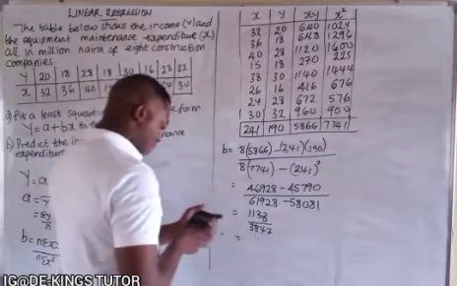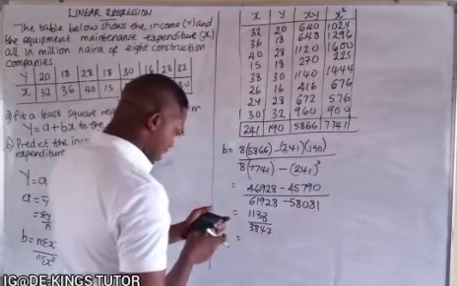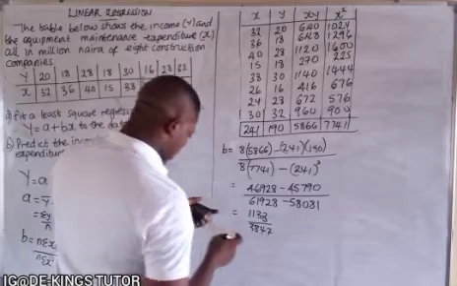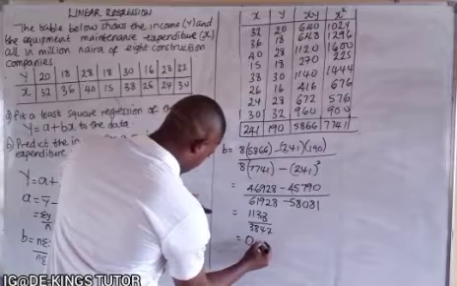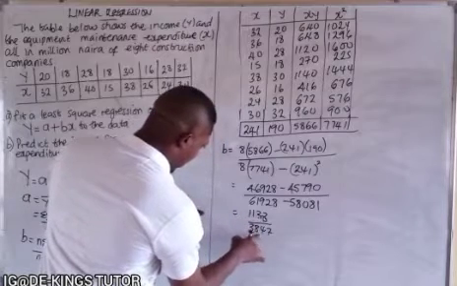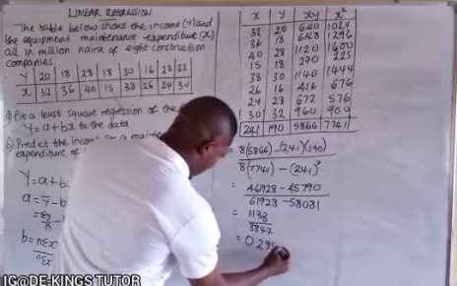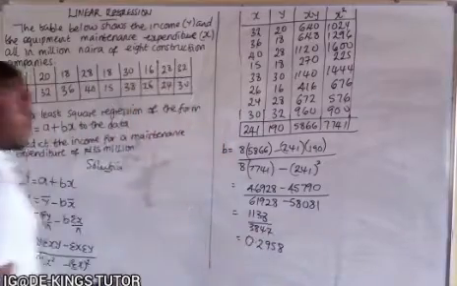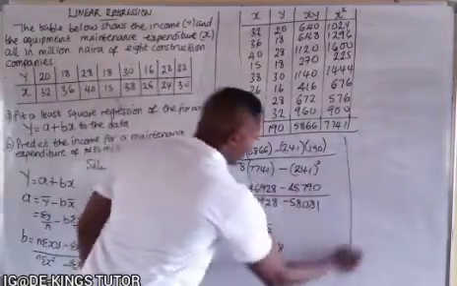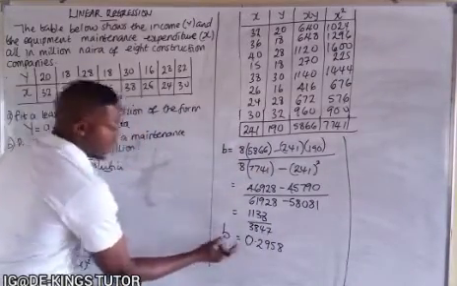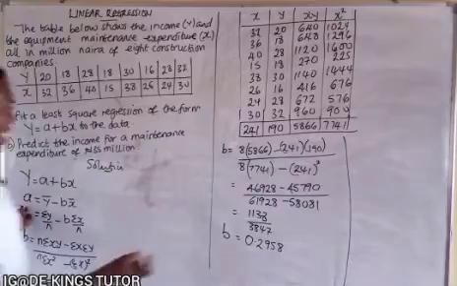So we now have 1138 divided by 3847, which is 0.2958. Okay, so that is the value for B. So B is 0.2958.